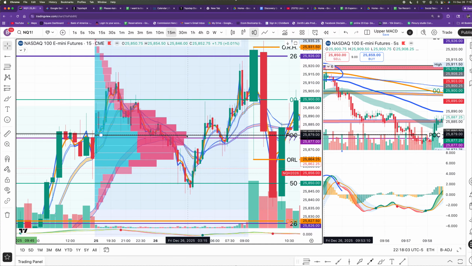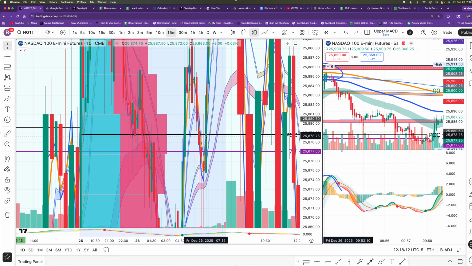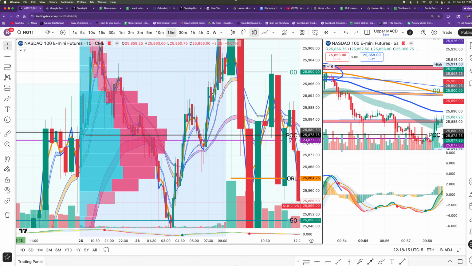So at the end of the day, the price on the chart with the greatest amount of volume was about 25,878.75. And so that is the point of control. That's called the point of control.